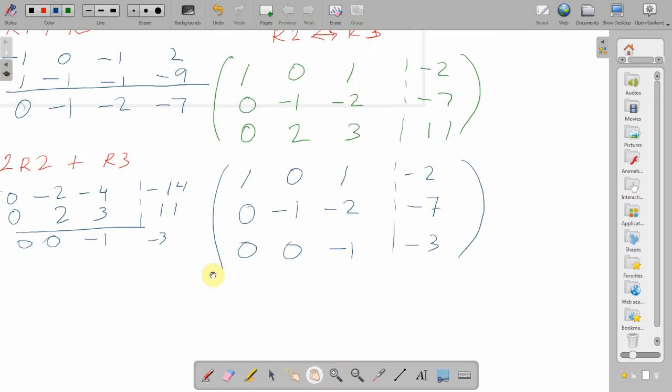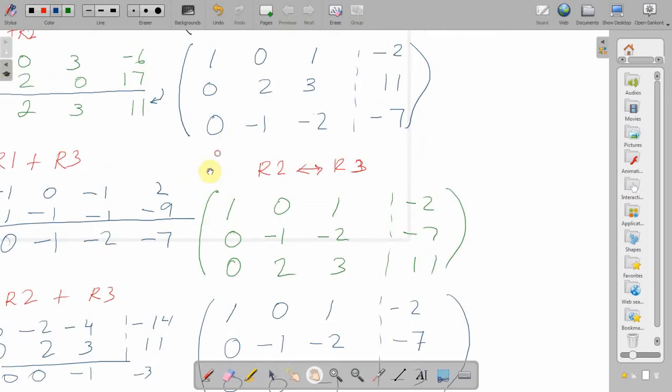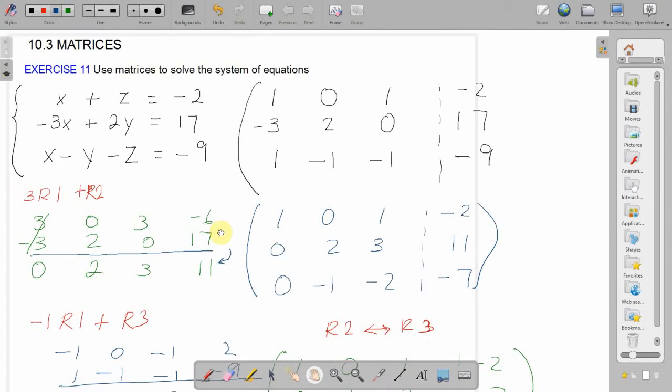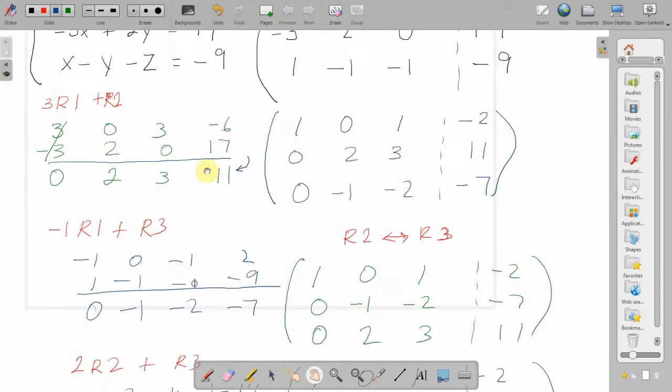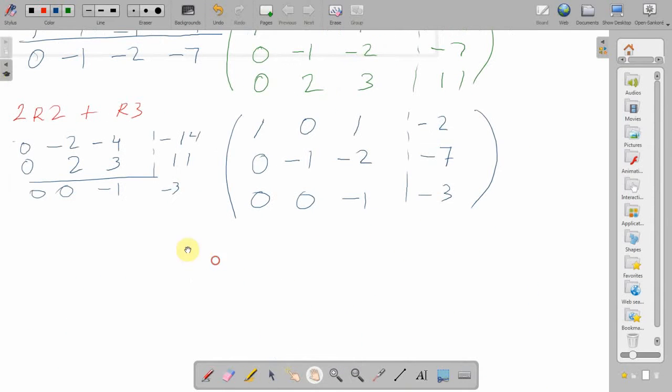So now it looks like we have the system in upper triangular form, and now let's remember which variables we used. We used x, y, and z. So if we translate back to variables, now we have x plus no y, but we have one z. X plus z equals -2.